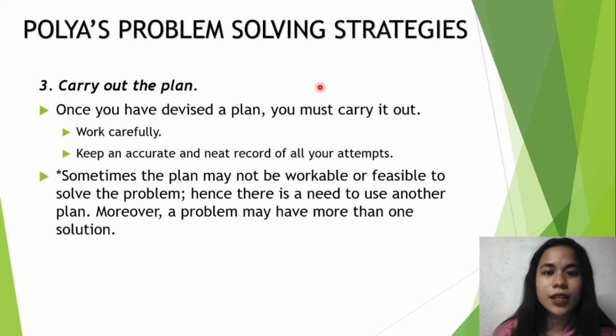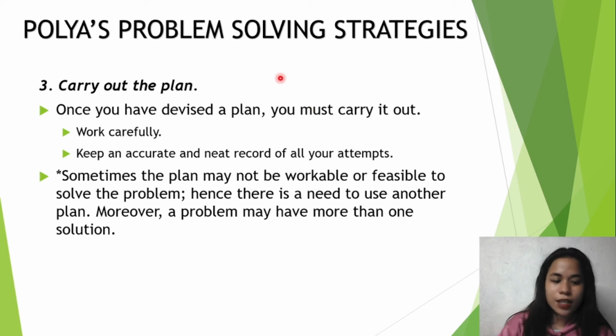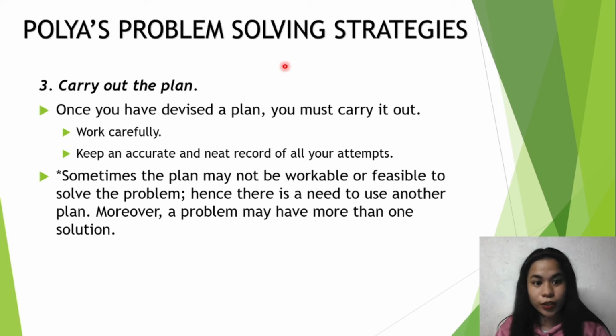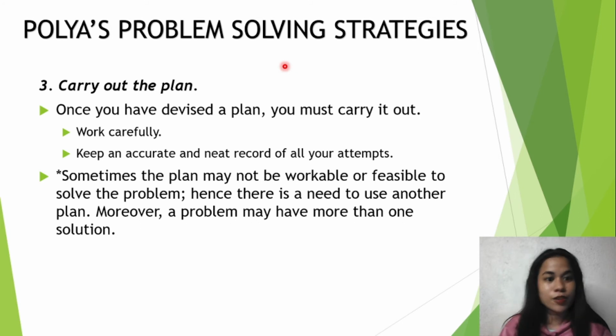So, ibig sabihin, hindi ka lang mag-i-stick sa isang solution. Pwede kang gumamit ng ibang solution as long as na-explain mo yun kung paano siya nakuha. For example, iba yung ginamit mong solution, pero tama yung sagot. Siya naman kaya ay nag-working backwards, pero tama yung sagot.